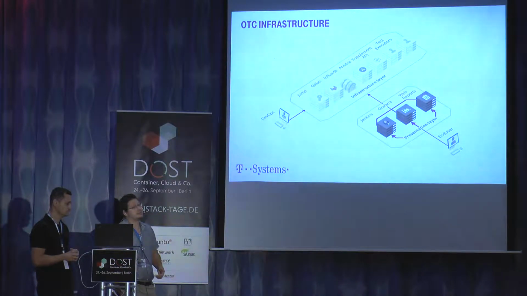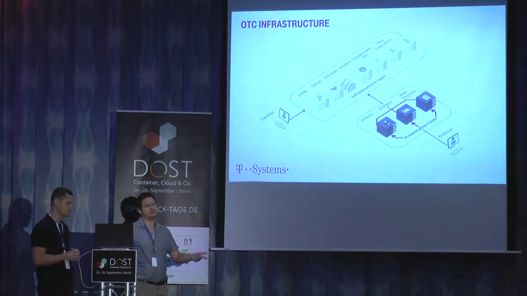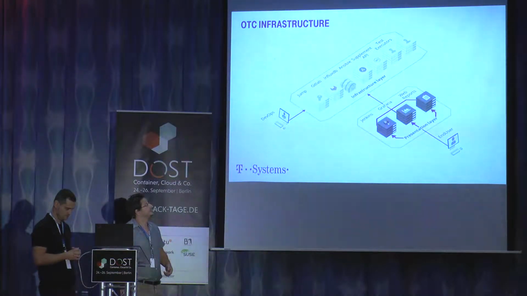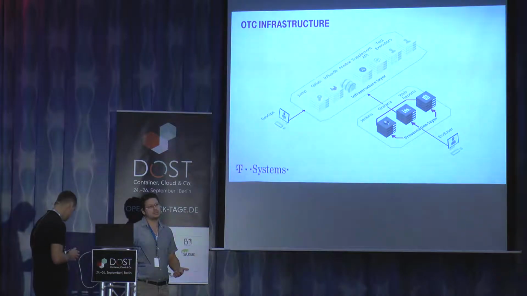Then we use InfluxDB as a time series database, and we use it for storing all our test results, metrics, statistics, everything for later use in Grafana. The Ansible playbooks we use for all our infrastructure automation.